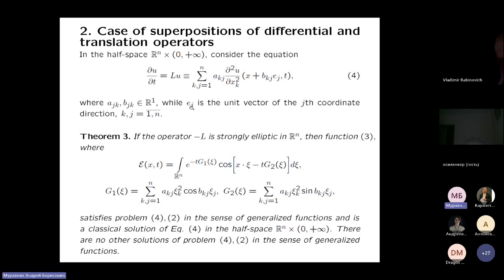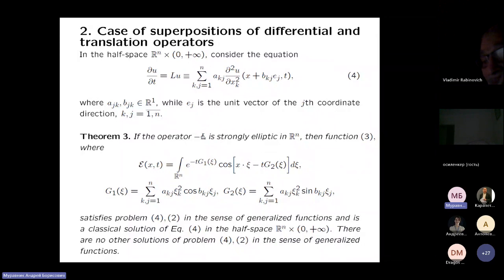For simplicity, e_j are unit coordinate vectors. a_jk and b_jk are scalar real coefficients again. Now we have to impose the strong ellipticity condition for the operator minus L from the beginning.